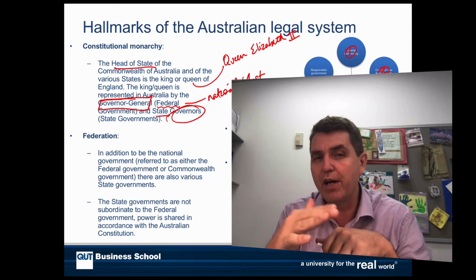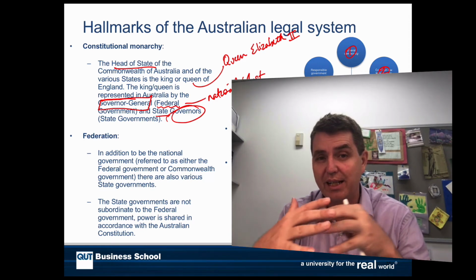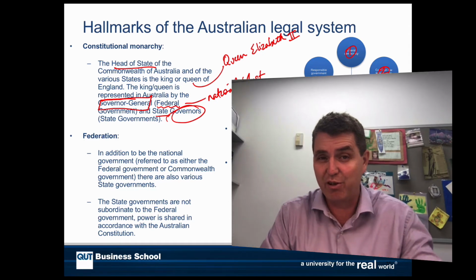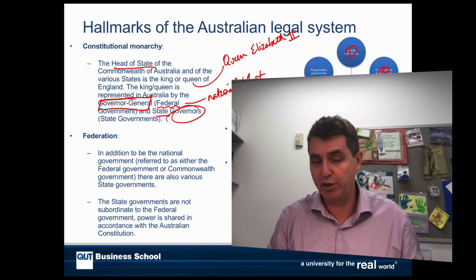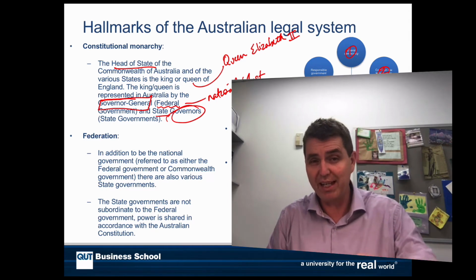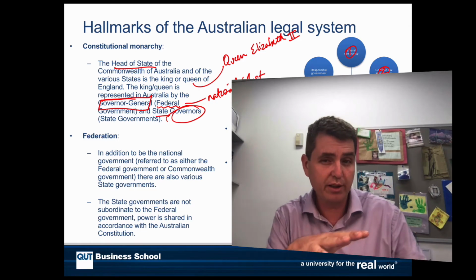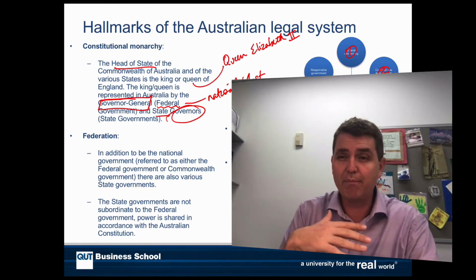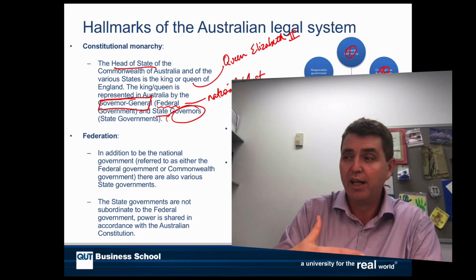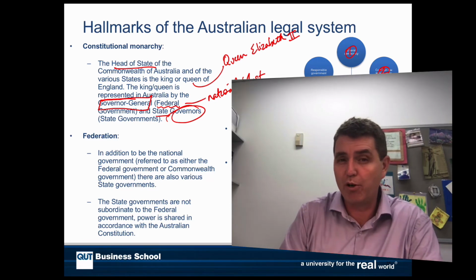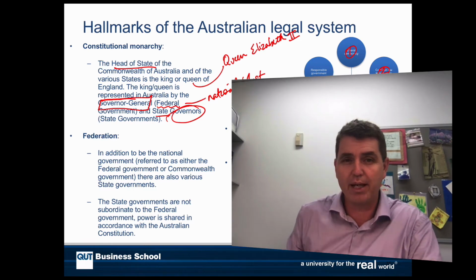They operate far more for when there might be really bad problems in the system that can't get resolved, and we need someone to break a deadlock, for instance. They're the kinds of situations where that individual steps in. Other than that, the role is largely ceremonial. They do a lot of, for instance, charity work, being a patron, and it's a symbolic role that's there just in case we need it, is probably the best way to think about it.